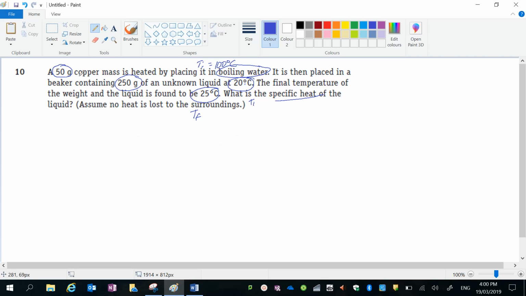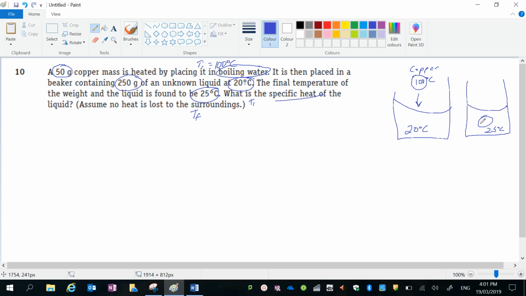Okay, so all we know is we had hot copper, so that was 100 degrees Celsius, the copper, and then we put that in a liquid that was 20 degrees Celsius, and then later everything was at 25 degrees Celsius, okay, because the copper transferred some of its heat into the liquid.